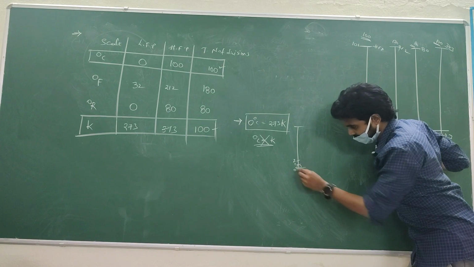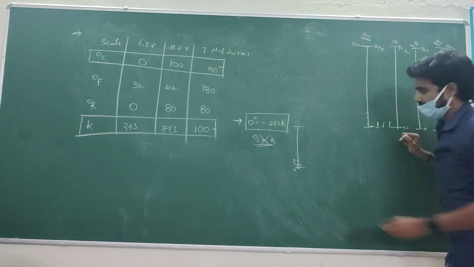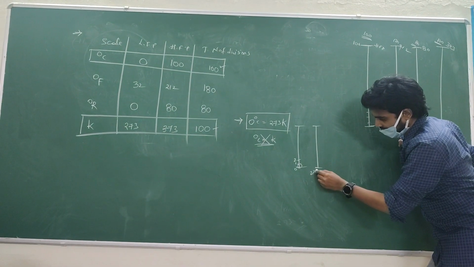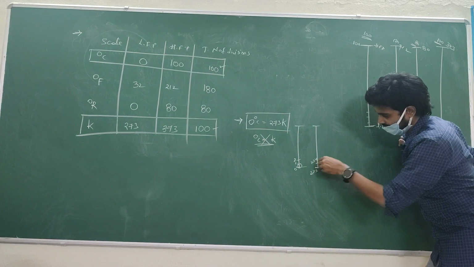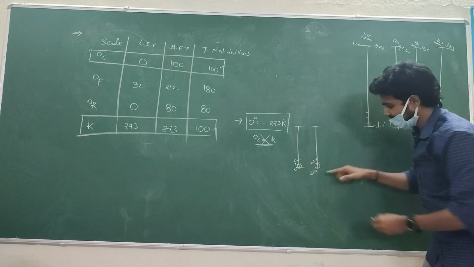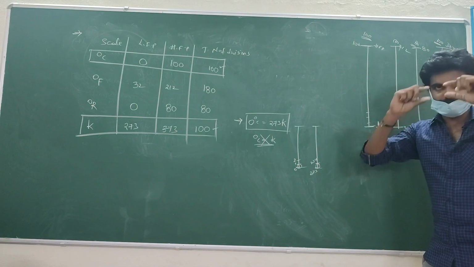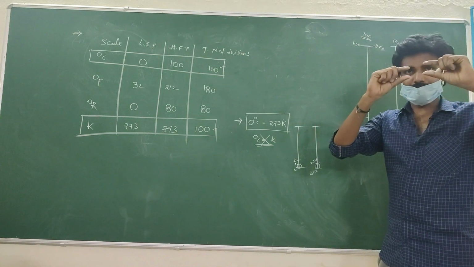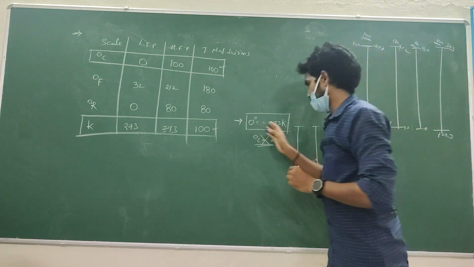The Kelvin scale begins with 273 and then 274. The space between 0 to 1 and 273 to 274 is the same, but not the actual values.